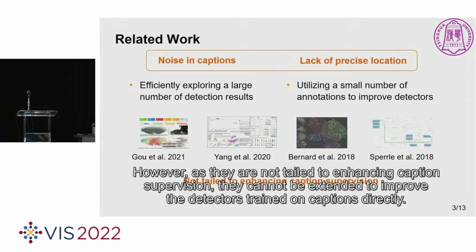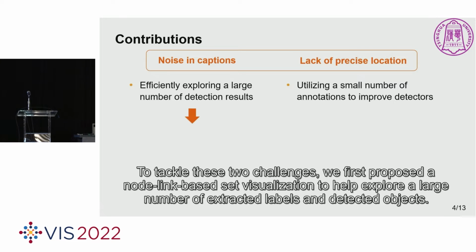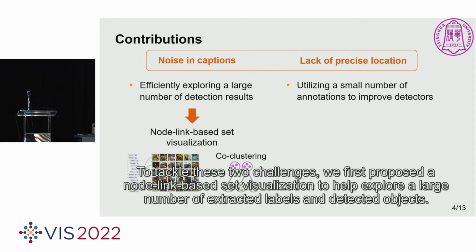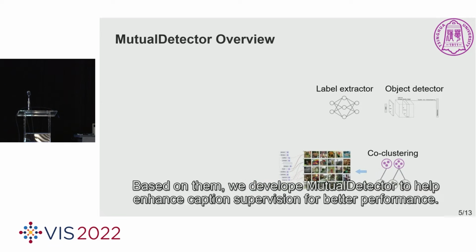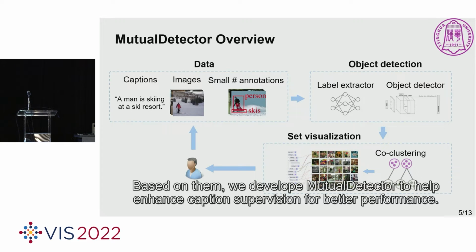However, as they are not tied to enhancing caption supervision, they cannot be extended to improve the detectors trained on captions directly. To tackle these two challenges, we first propose a node-link-based set visualization to help explore a large number of extracted labels and detected objects. We also developed a semi-supervised object detection method to better utilize a small number of annotations to improve detectors. Based on that, we developed MutualDetector to help enhance caption supervision for better performance.